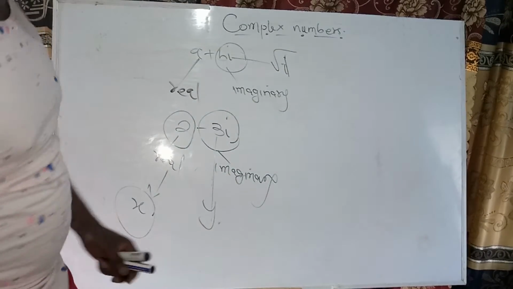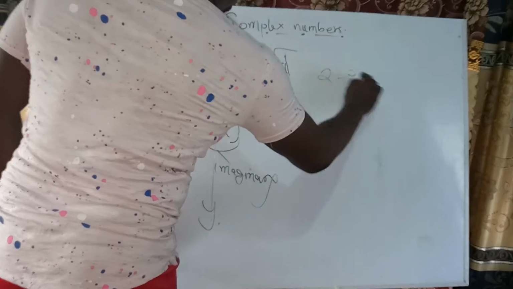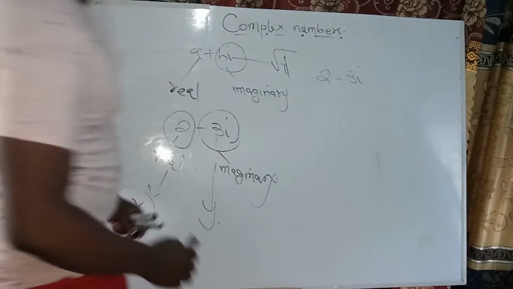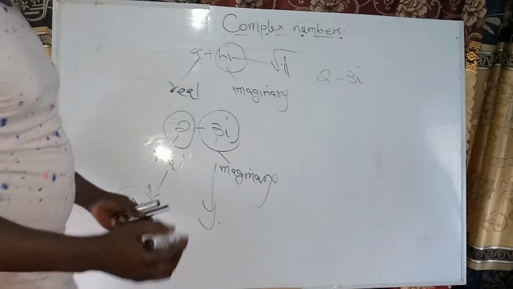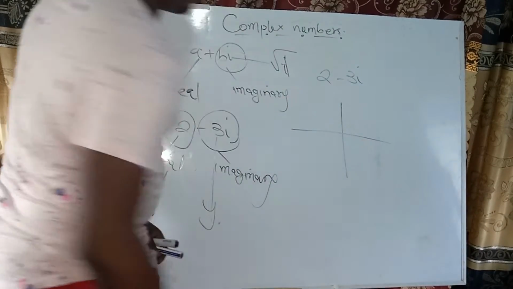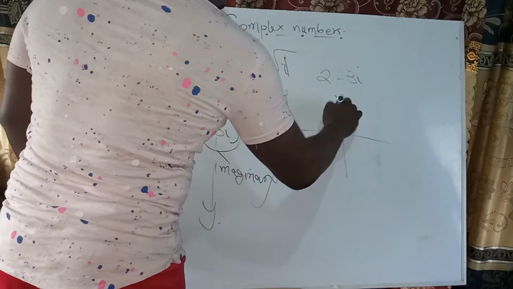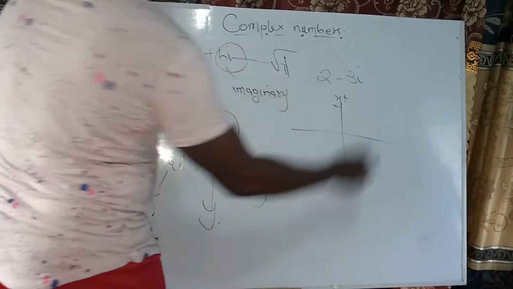So let's take an example. If they say we should plot 2 minus 3i on a graph, what we are going to do is we are going to have our Cartesian plane this way. We know this is the y-axis and this is the positive y-axis.